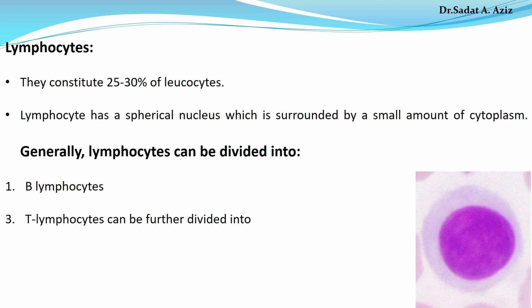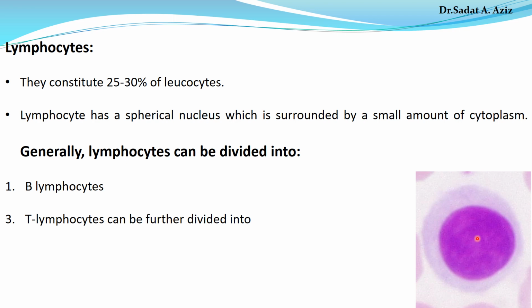The last type of the agranulocytes, or leukocytes, is called the lymphocyte. They constitute 25 to 30% of the circulated leukocytes. The lymphocyte is characterized by having a spherical nucleus, which is surrounded by a trace, or a small amount, of cytoplasm. So this property can be used to recognize or differentiate the lymphocytes from the rest of the leukocytes.